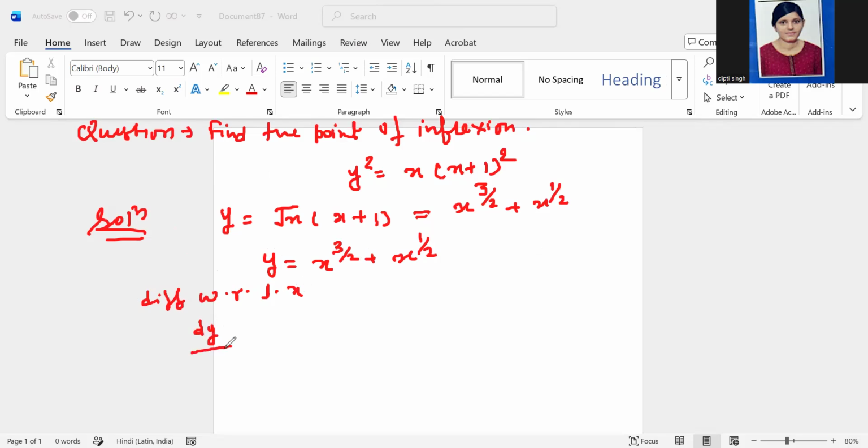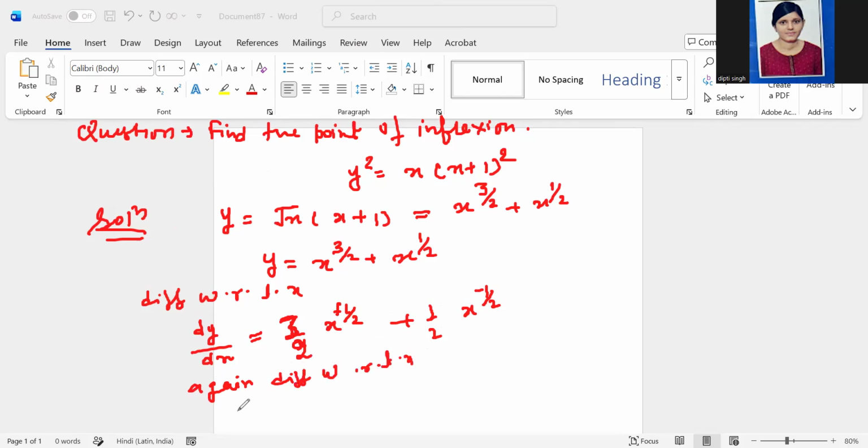So what did we get here? dy by dx equals 3 by 2 x to the power plus half, and plus half x to the power minus half. Now differentiate again.